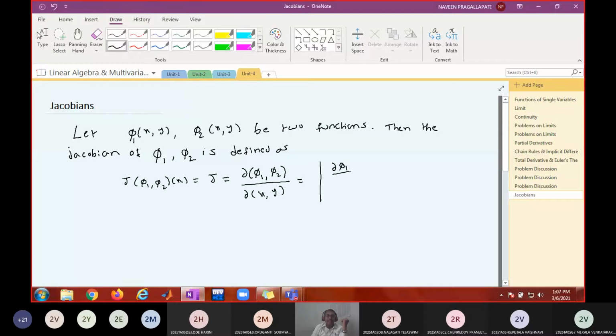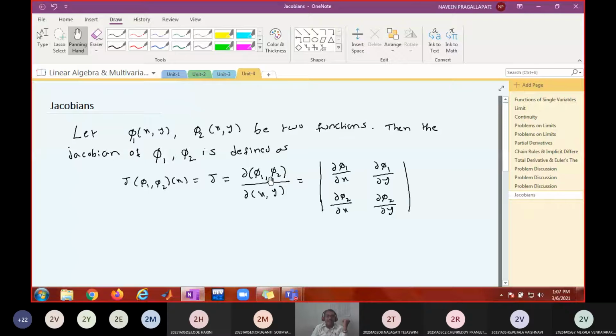is equal to the determinant: dou phi 1 by dou x, dou phi 1 by dou y, that is the first row.